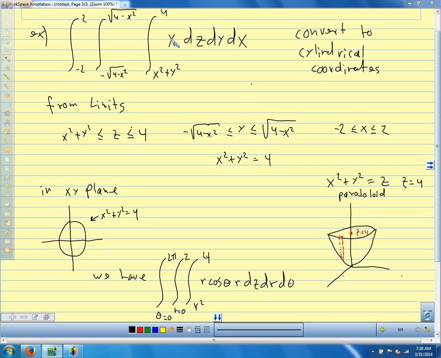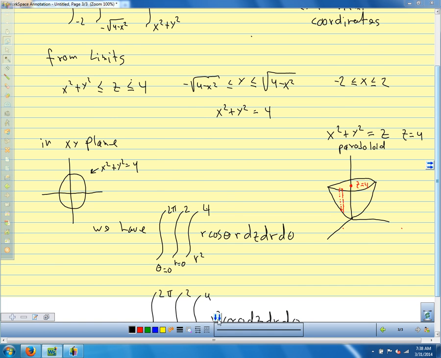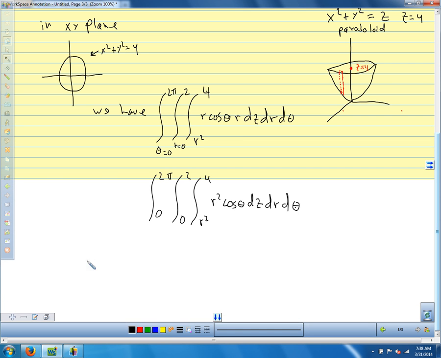So what is our integral of x dv? It's a moment about the yz plane. So this integral is the moment about the yz plane. So this gives us M_yz, moment about the yz plane.